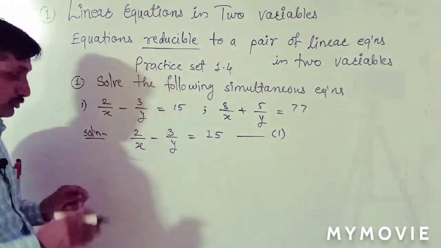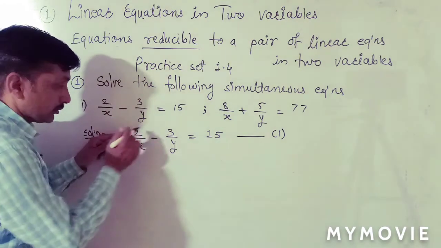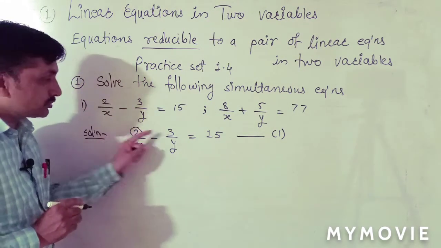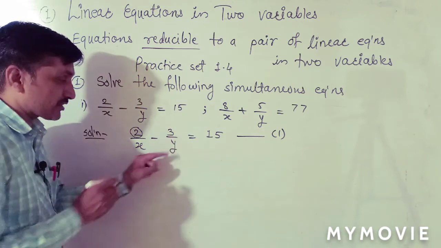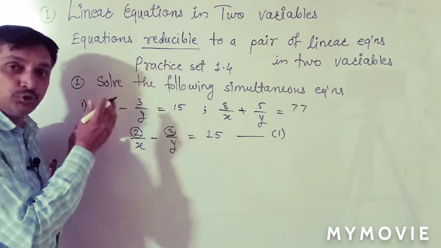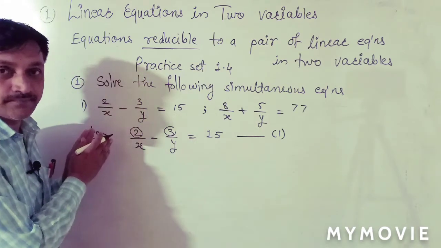Now see here very carefully what I am doing. This 2 is the numerator of this fraction, and here 3 is the numerator of this fraction. I write both these numerators separately.